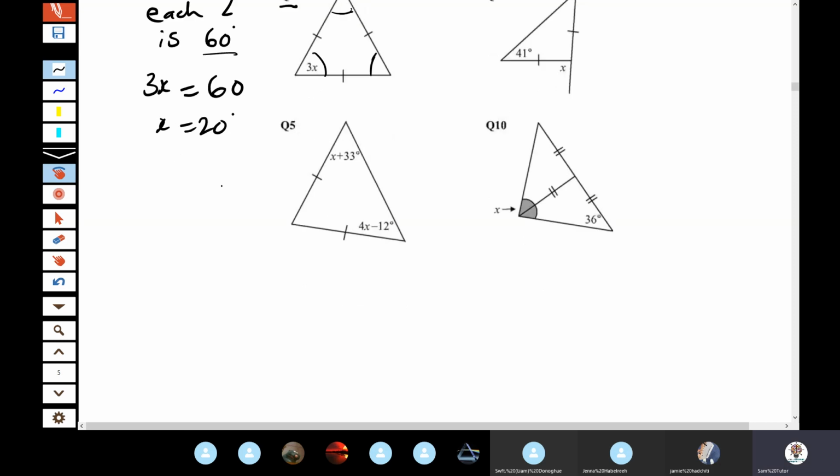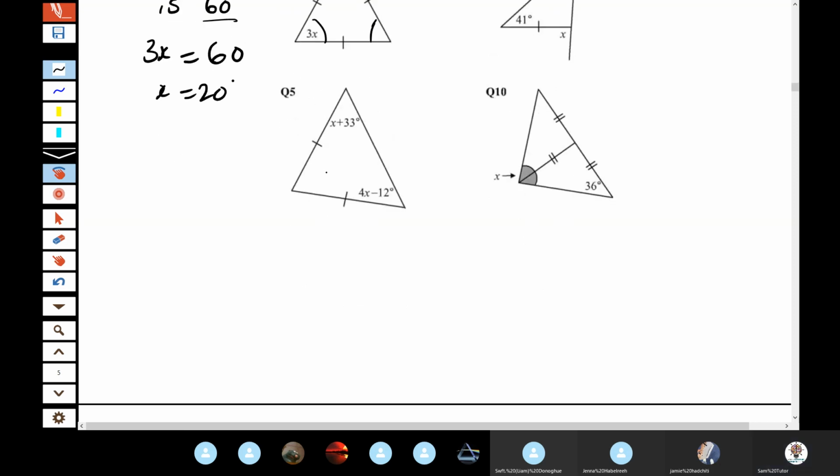All right, well, what about question 5? Again, these are isosceles, which means these two are equal to each other. What would you write if you now know these two are equal to each other? Minus 12 equals x plus 5. And then back to equations, right?